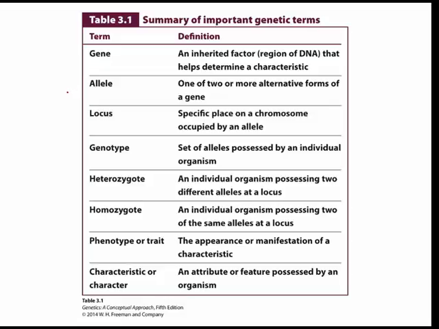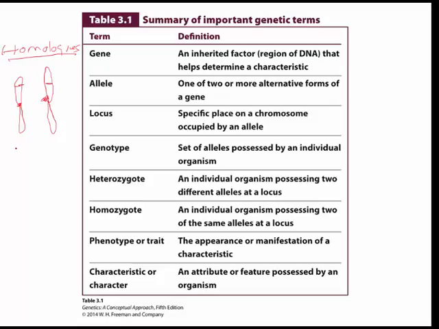An allele is one or more alternate forms of a gene, and a locus is the place on a chromosome where a gene resides. So if we draw a chromosome, something like this, and there's a spot or a location on the chromosome where the gene lives, and then we've got another chromosome, and so this would be homologous chromosomes, or we'll call them homologs.